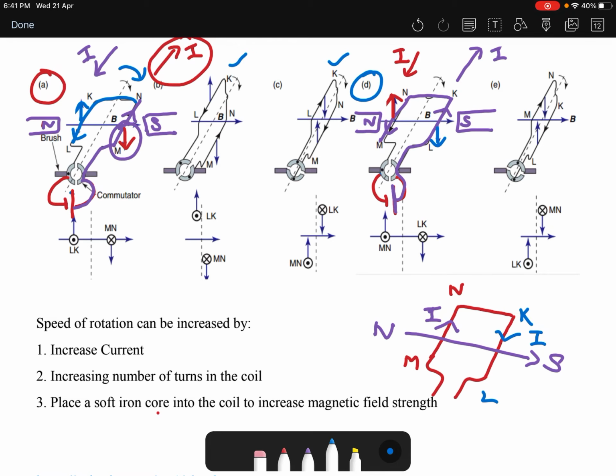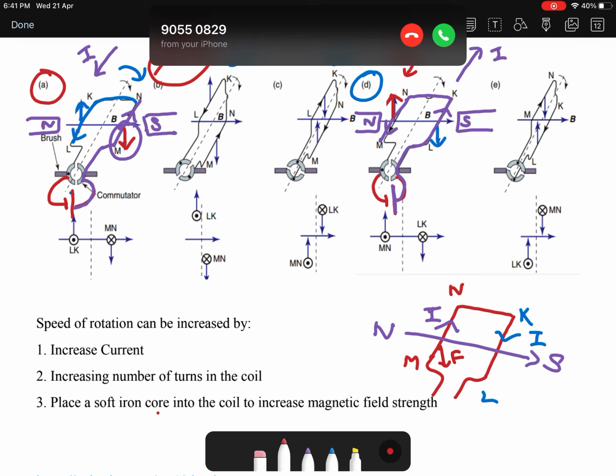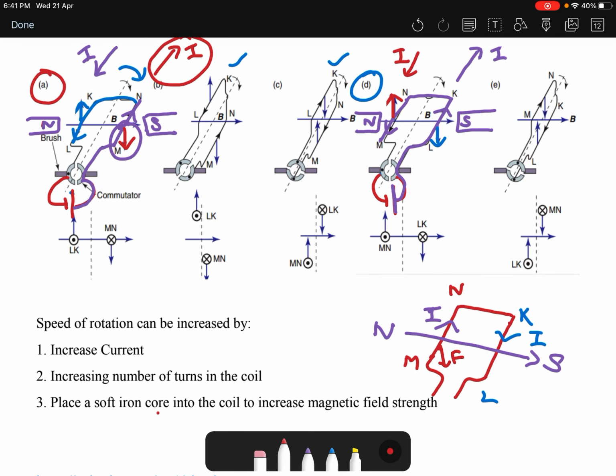If you use Fleming's left hand rule to determine the direction of the force acting on your wire MN, you should get a downward force on MN and an upward force on LK. So you experience these two forces, and this is in the anti-clockwise direction.